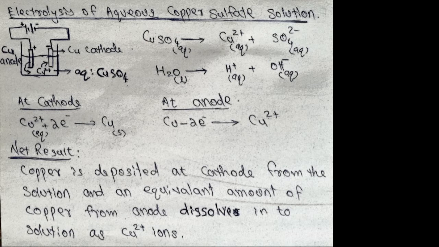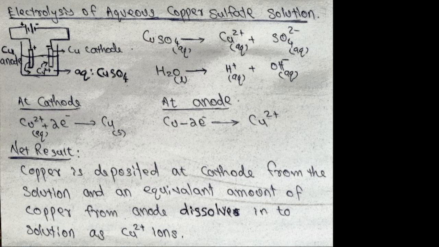Also, here you see this diagram. Here is one container with aqueous copper sulfate and there are two electrodes, anode and cathode. Both anode and cathode are made of copper.